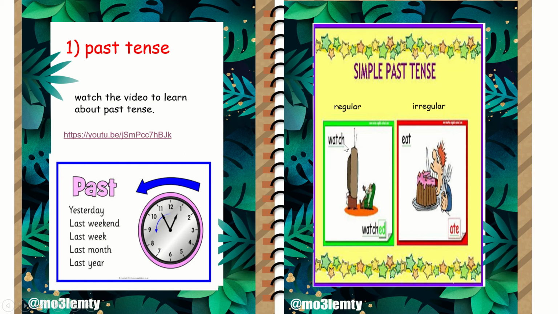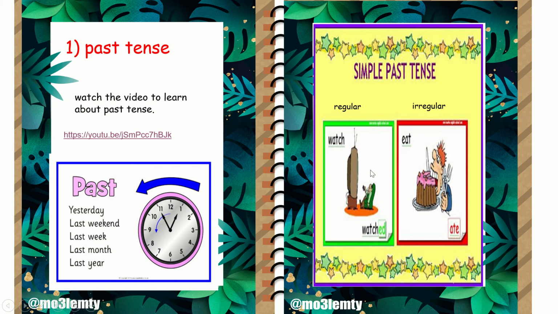When we make this verb into past tense, we will say watched. Okay, we will add ed. But some verbs, we do not add ed. We change the verb. All the verb will change. So it will be, for example, eat will be ate. Okay?